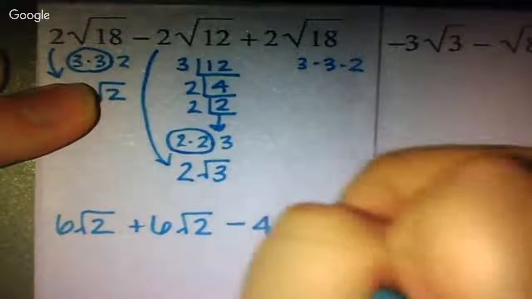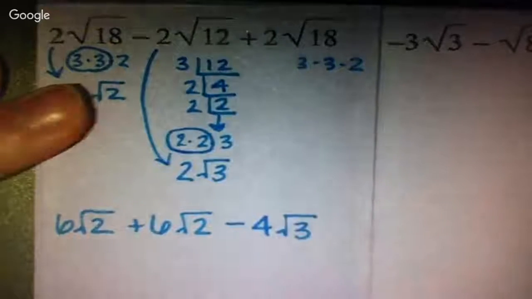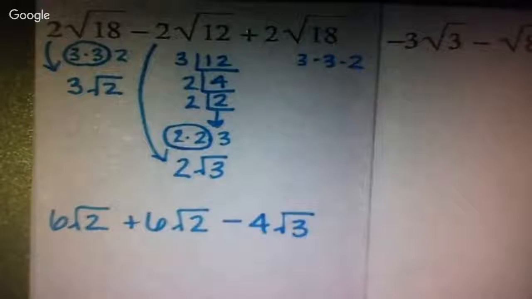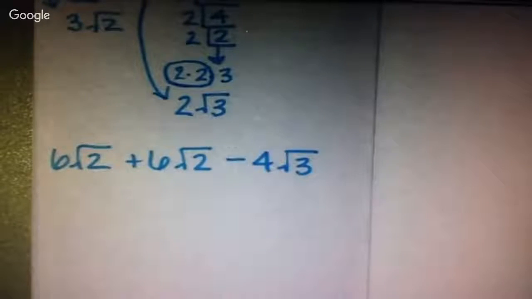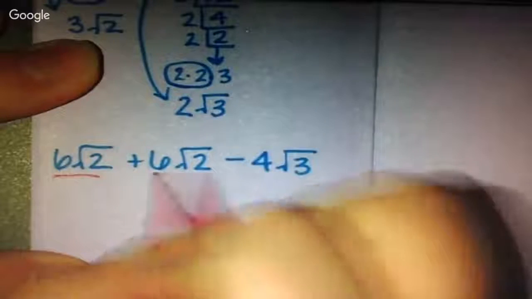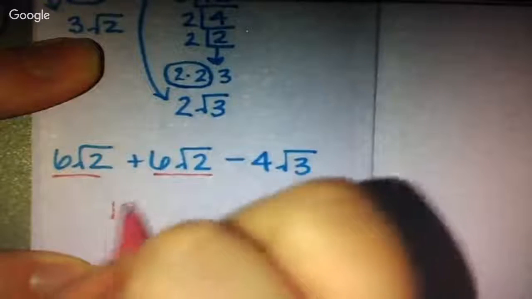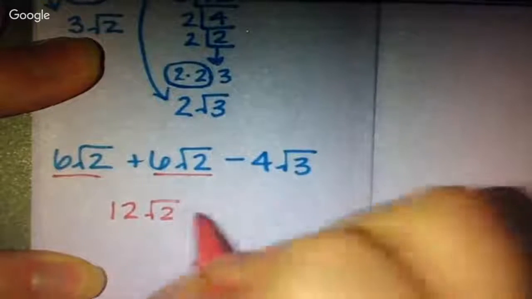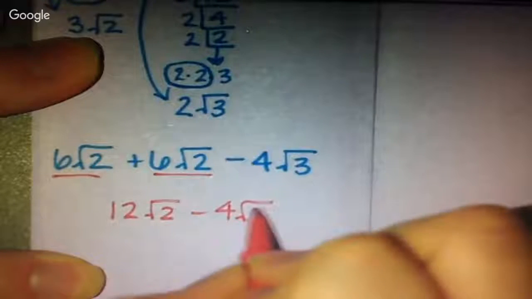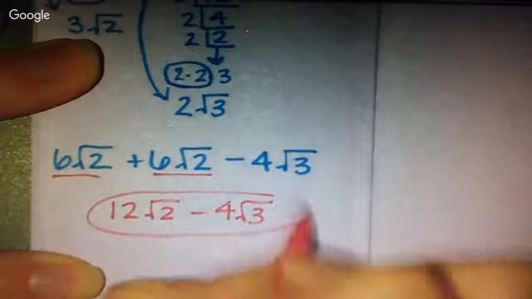And bring down that -2, so we get -4 square roots of 3. When I combine like terms at the end, my final answer should be? Fantastic. 12 square roots of 2 minus 4 square roots of 3. Thank you, Muhammad.